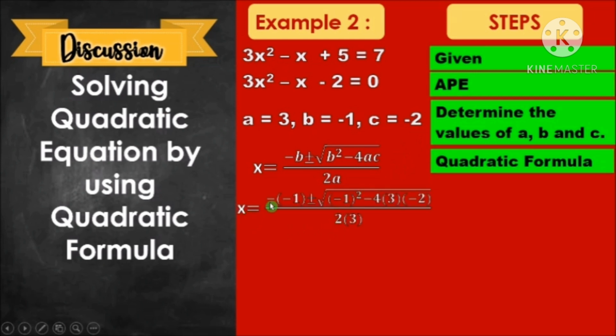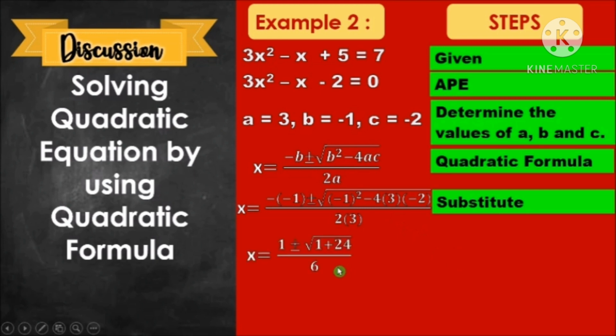So x is equal to negative, then the value of b is negative 1, kaya naging ganito ang kinalabasan, plus minus, copy, square root of b squared will become negative 1 quantity squared minus 4, a is 3, so I substitute 3, and c is negative 2, so I substituted negative 2, all over 2 times the value of a, which is 3. And that is how we substitute to the formula.